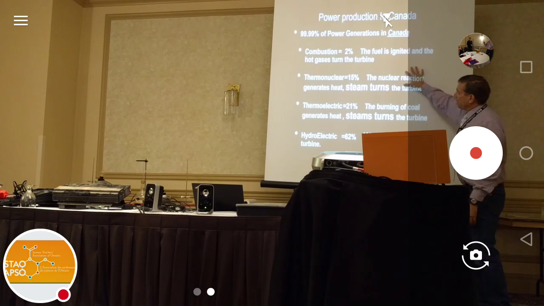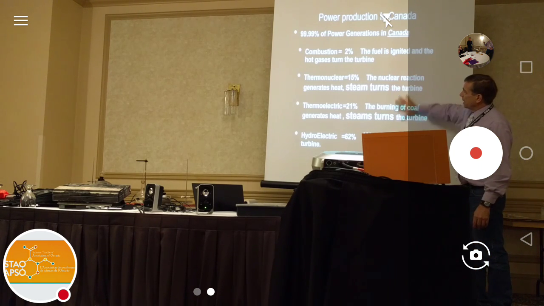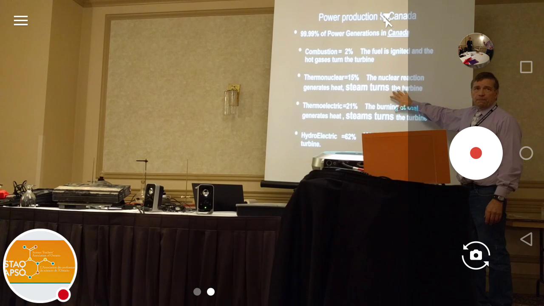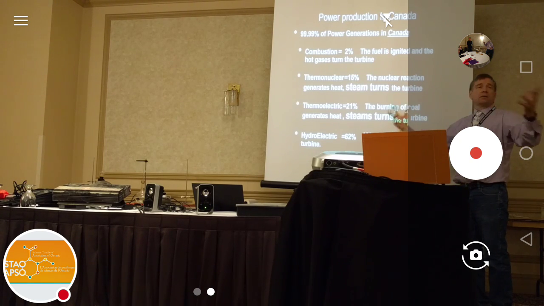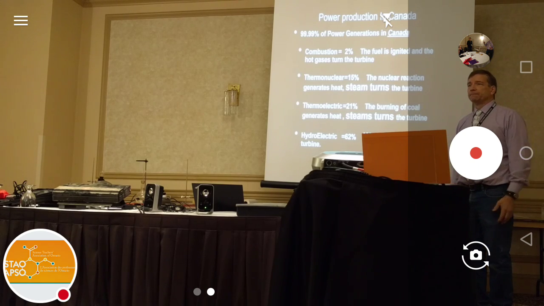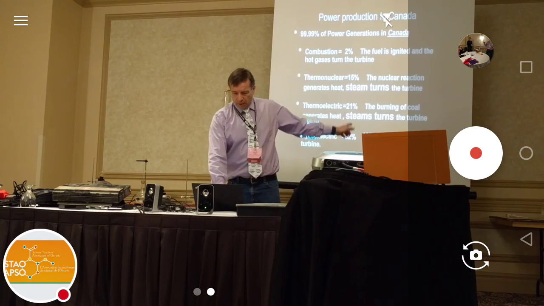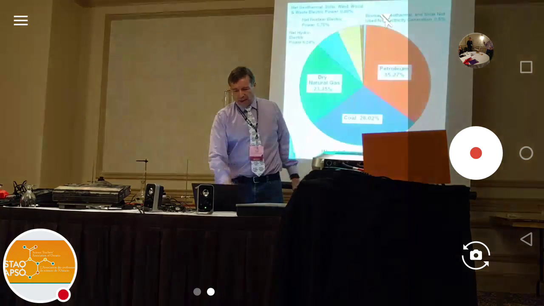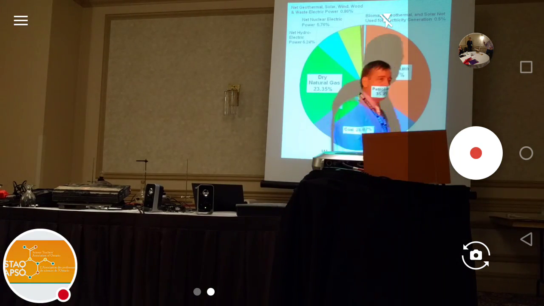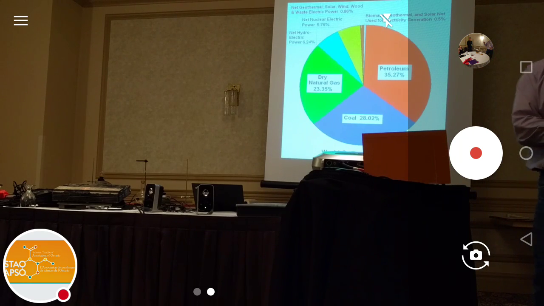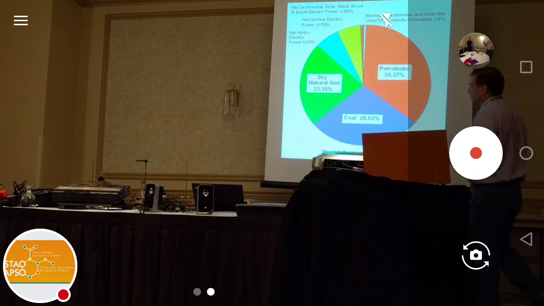But here's the thing. Everything except hydro, what happens is they heat up water, which causes it to expand, and you get to turn a turbine. So that's how it works for the most part. There it is. Okay, so here we have a picture of the worldwide picture of what's going on when we talk about electrical power.